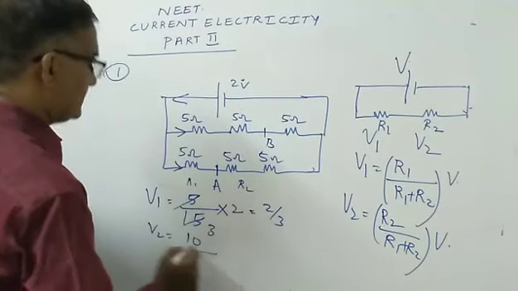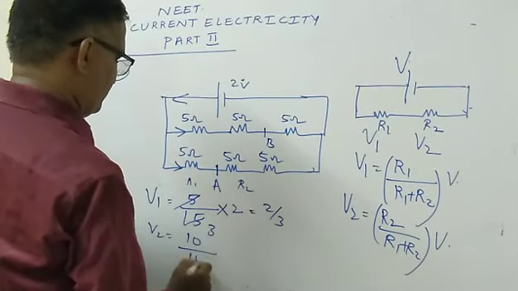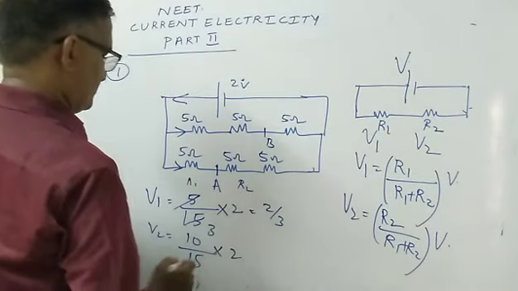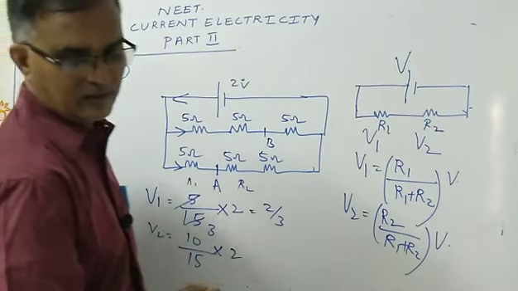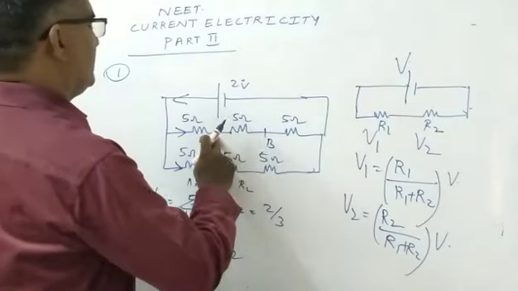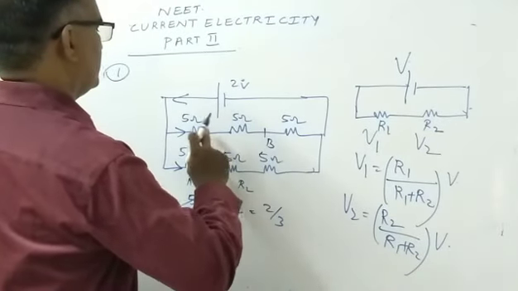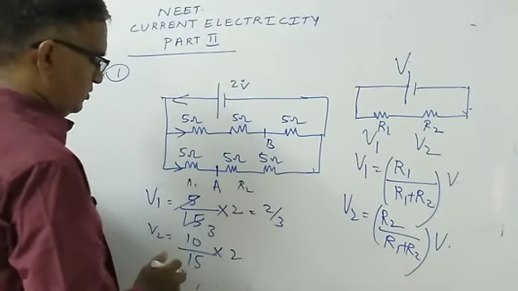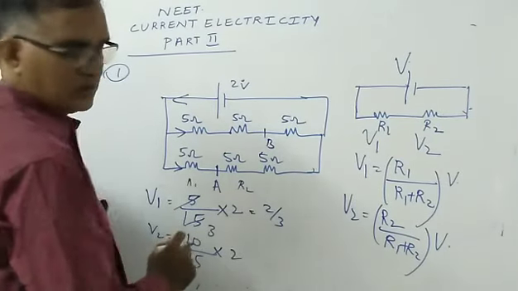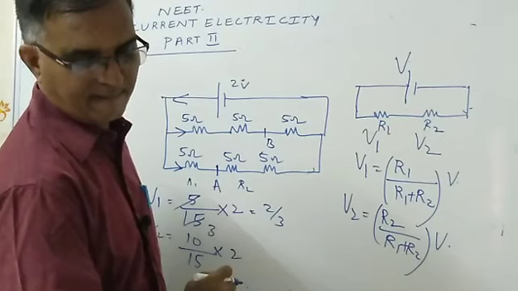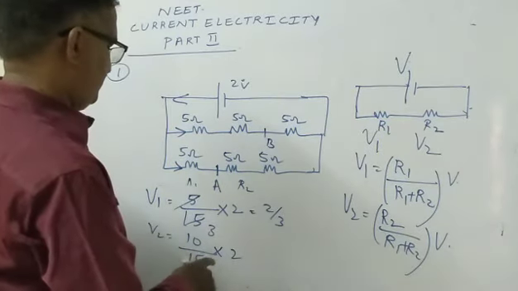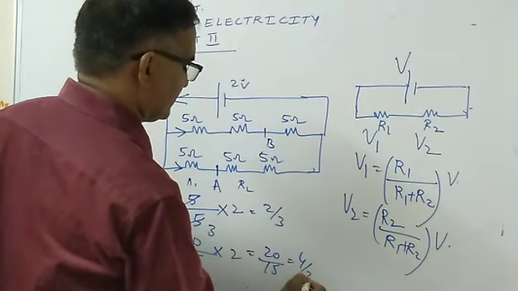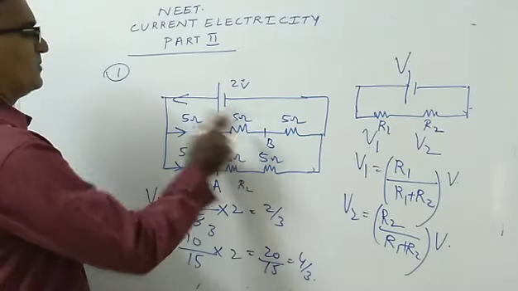This is 10 by 15 into 2, that is 20 by 15, that is 4 by 3 you get here. Okay, here we get 4 by 3.